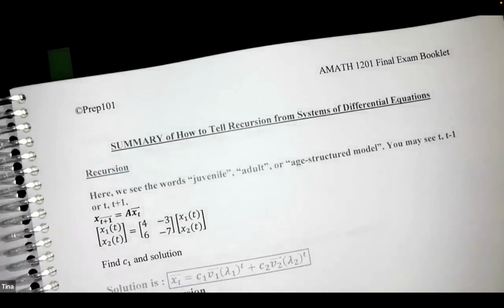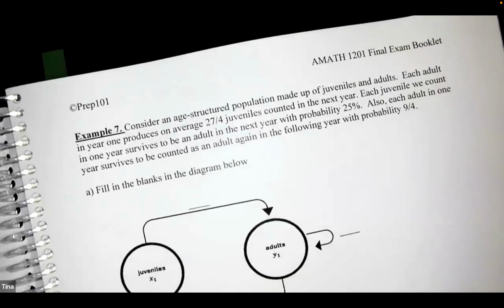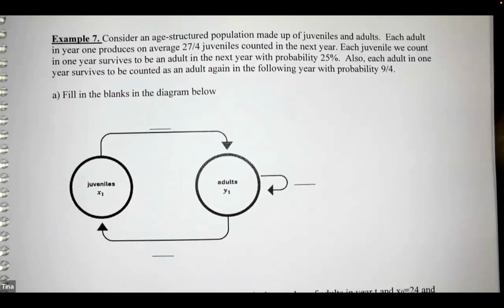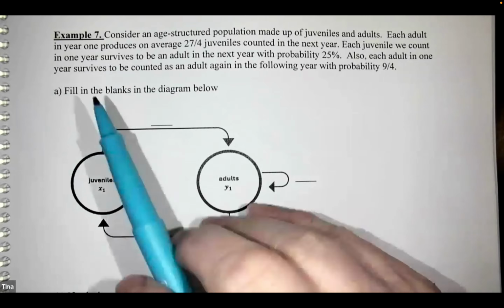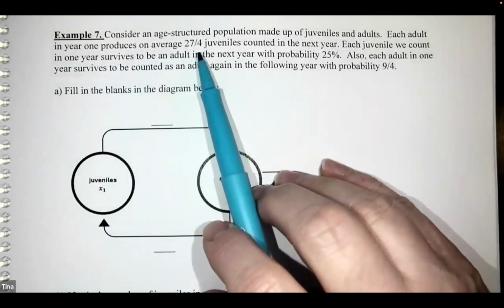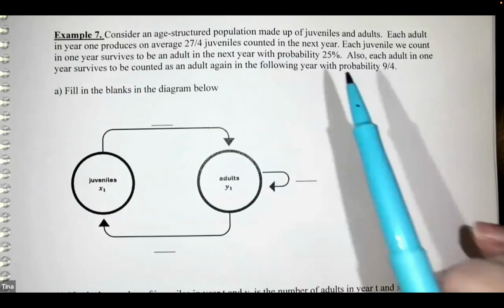Okay, this is the summary of how to tell those two questions apart. So here are the two exam questions, number 7 and number 8. So 7, see how 7 says, consider an age-structured population made of juveniles and adults. Each adult in year 1 produces an average of 27/4 juveniles counted in the next year.